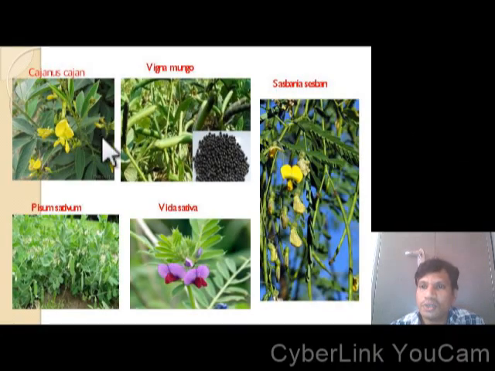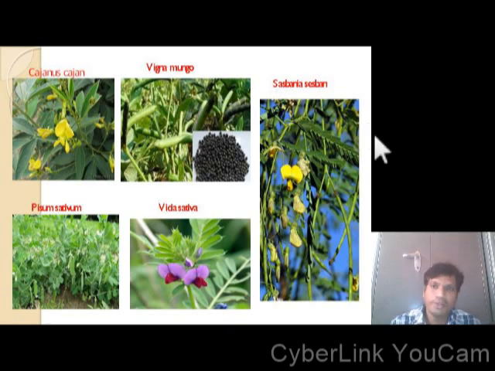Cajanus cajan, in Telugu it is known as Kandi. Vigna mungo, this is blackgram, and this is Pisum sativum, Batani in Telugu. This is Sesbania sesban. All this is about the family Papilionaceae.